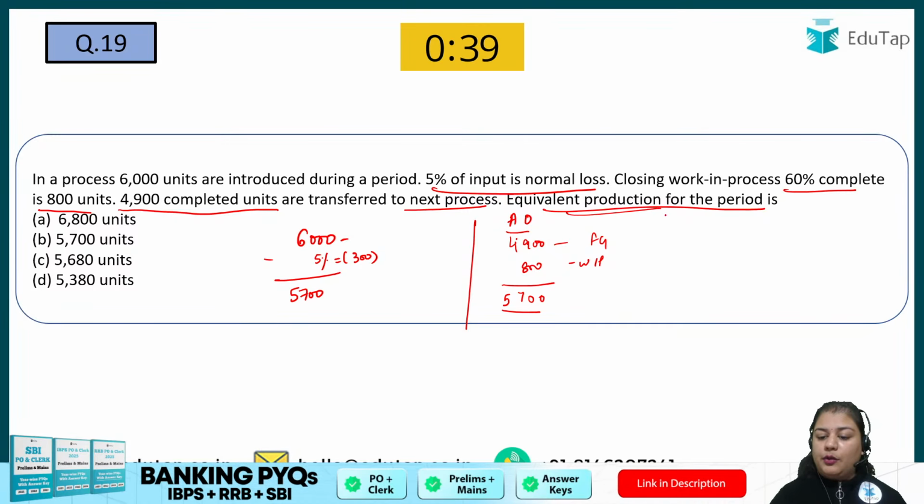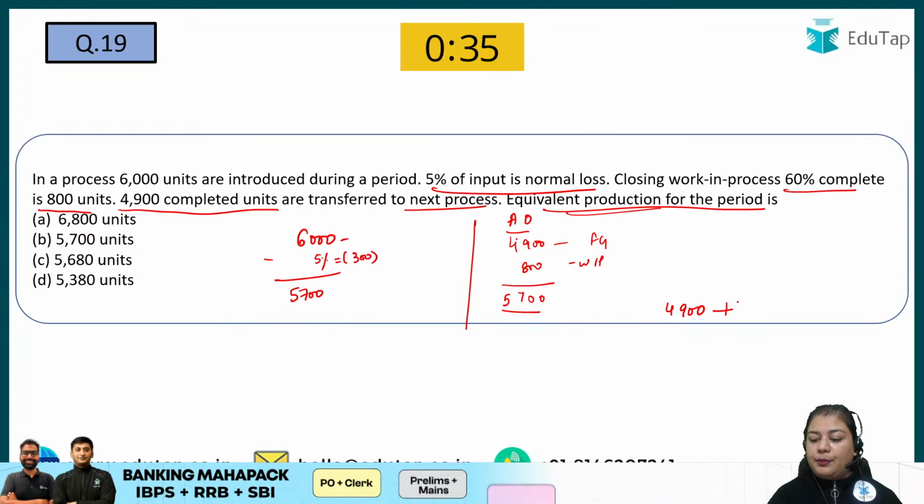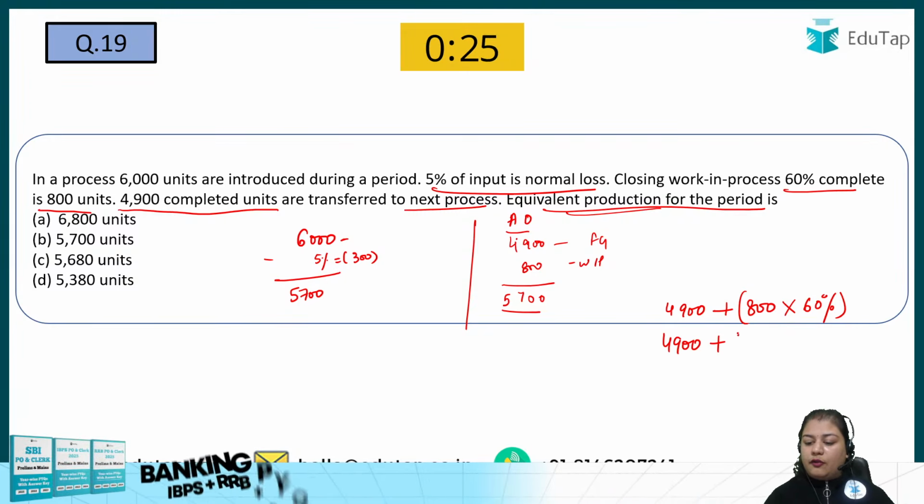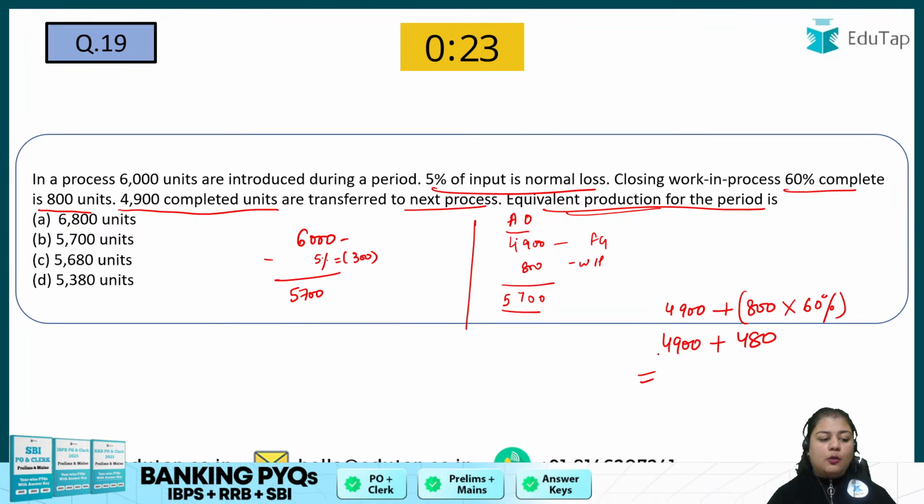Now what is the equivalent production? It will be 4,900, that is 100% complete, plus 800 units, which is how much complete? What is the percentage completion? 60%. So just help me calculate this. 4,900 plus 480. So how much will it be? 5,380.